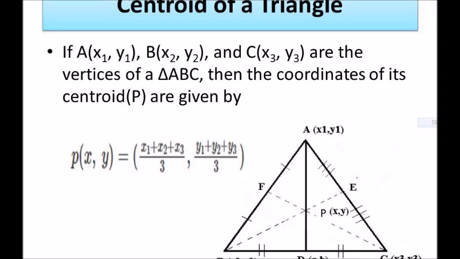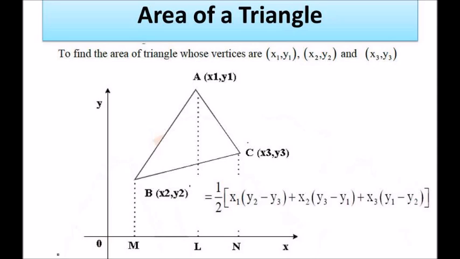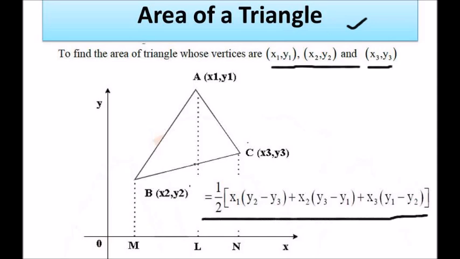Now find the area of the triangle. To find the area of a triangle whose vertices are x1 comma y1, x2 comma y2 and x3 comma y3, the area is equal to 1 by 2 into x1 into y2 minus y3 plus x2 into y3 minus y1 plus x3 into y1 minus y2.